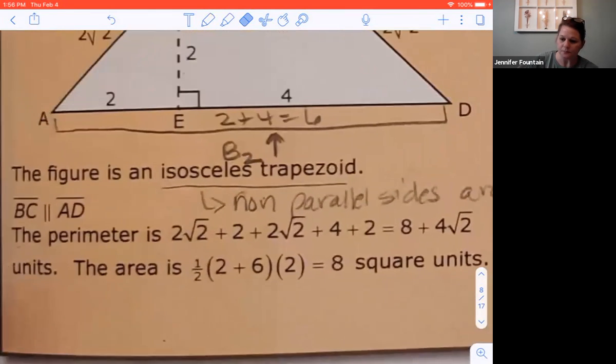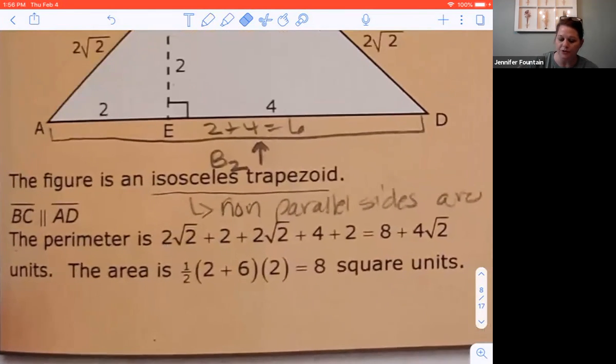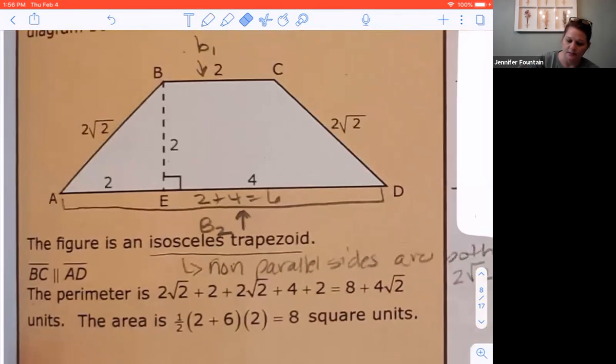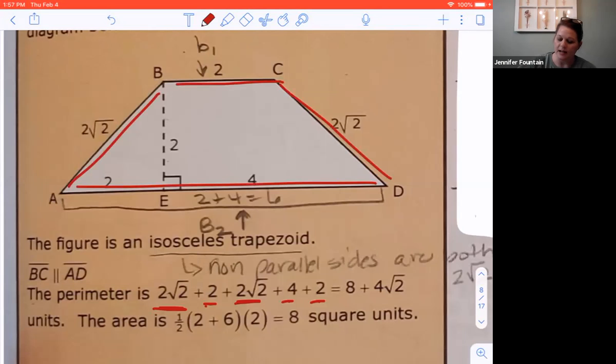Let's go ahead and take a look. So to find the perimeter, we had to add one side plus another side plus another plus another. Okay, so 1, 2, 3, 4. Now notice this right here is where they put the 4 and the 2 together.